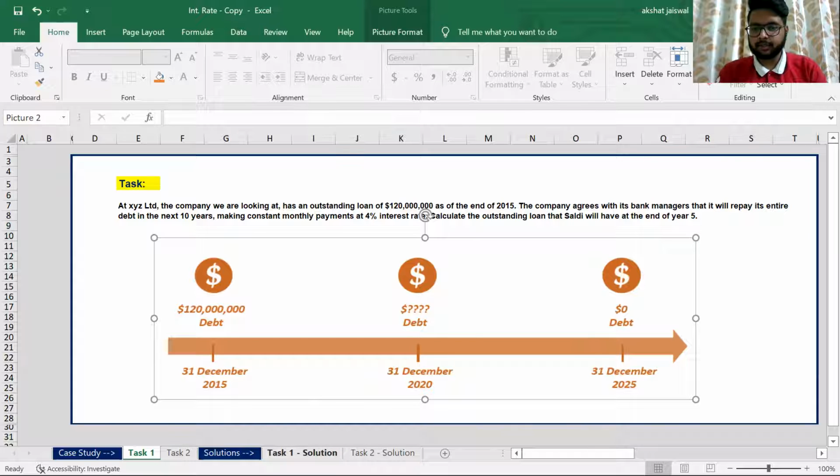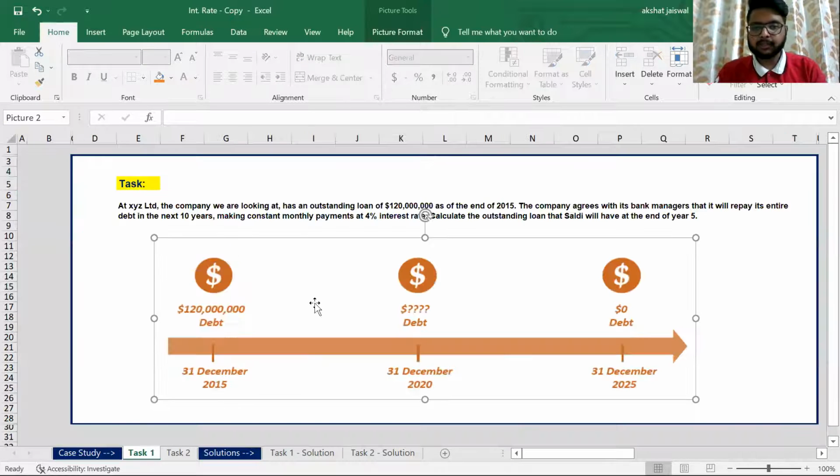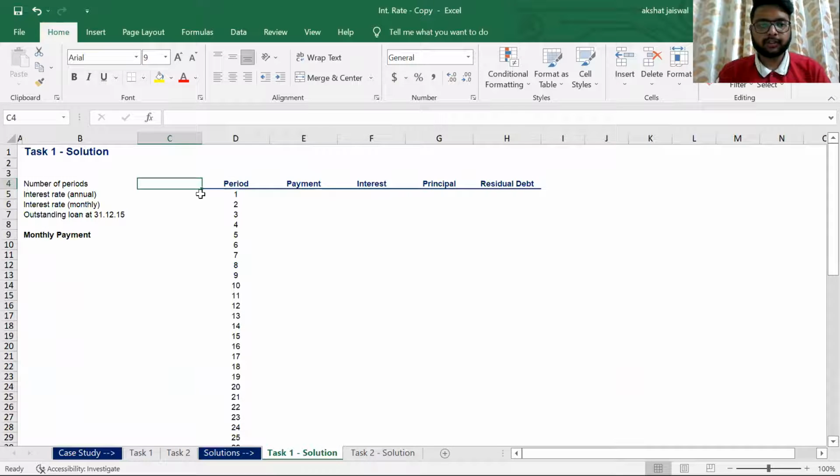Coming on to the first solution, assuming the number of periods, in the task one question we have been given that we have to repay the entire debt in next 10 years. But then they have also told that calculate the outstanding loan of XYZ Limited at the end of 5 years, right? So talking to the first solution, the number of periods is basically simple.